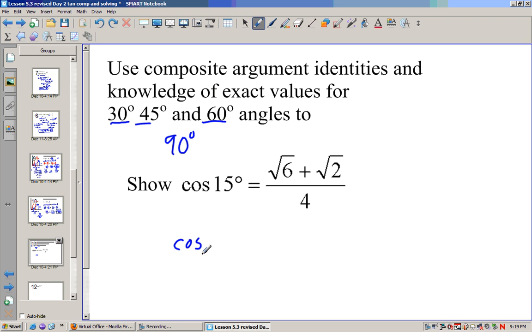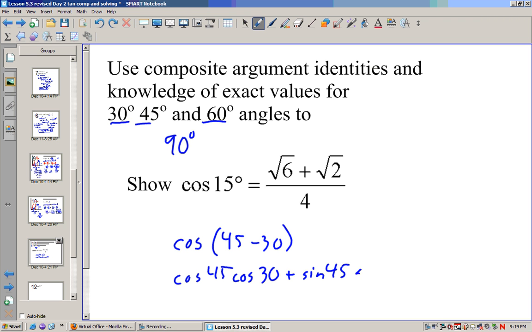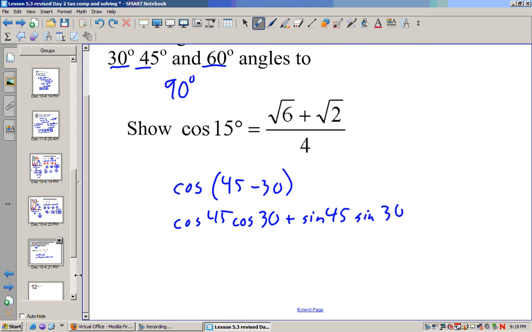So this is the same thing as cosine of 45 minus 30, which is cosine 45 cosine 30 plus sine 45 sine 30. Cosine of 45 is root 2 over 2. Cosine of 30 is root 3 over 2. Sine of 45 is root 2 over 2. Sine of 30 is 1 over 2.